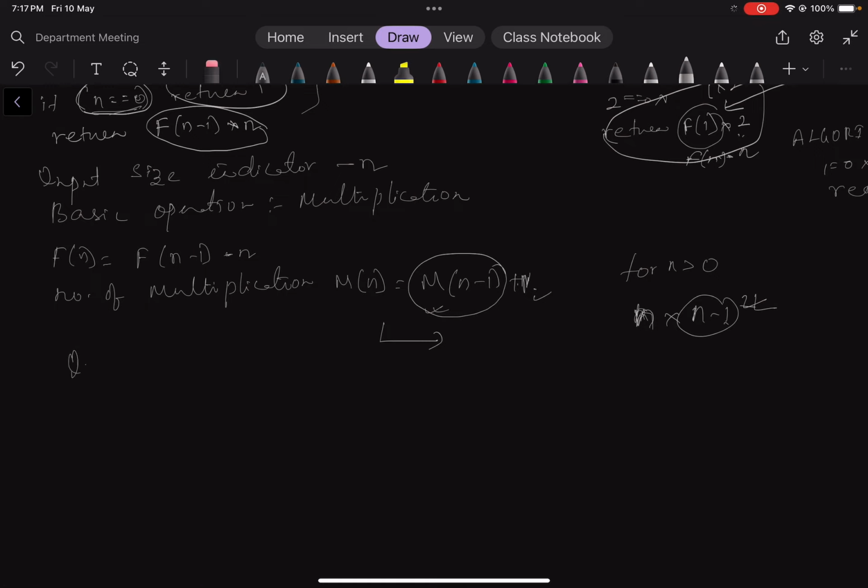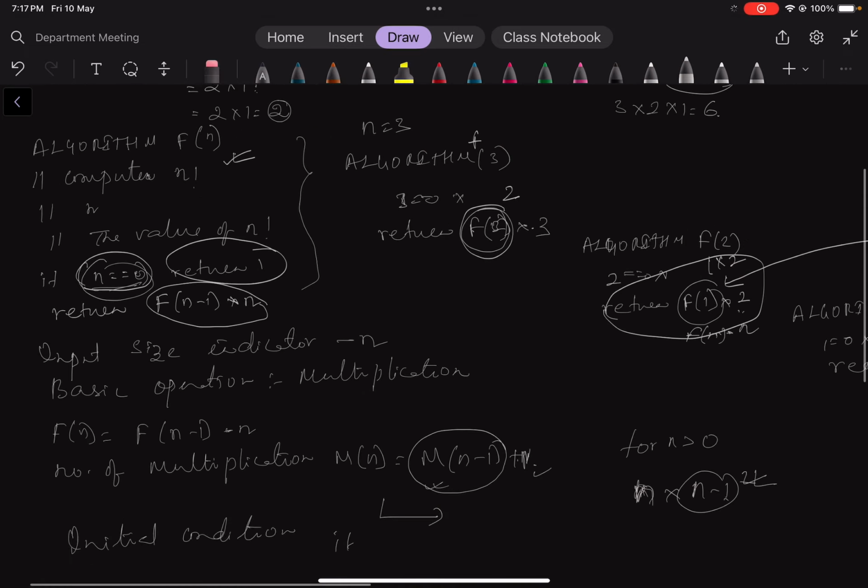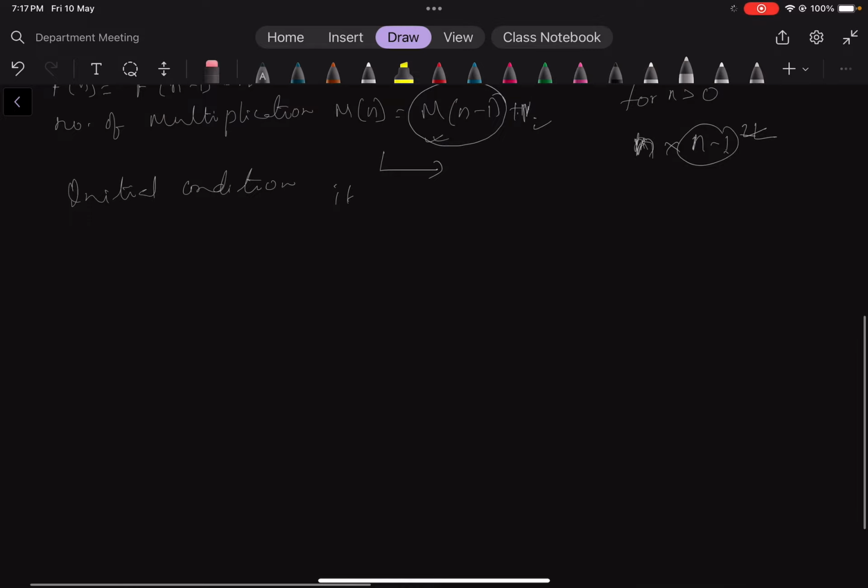For that we should have initial conditions. For every recursive function we need to have the initial or base conditions, otherwise it will go into an infinite loop. What we have written in the function is that if n is equal to 0, then return 1. This is the initial condition.